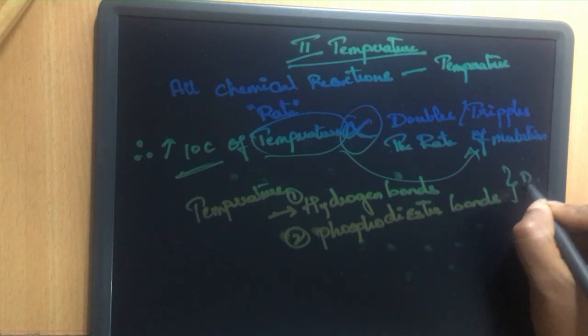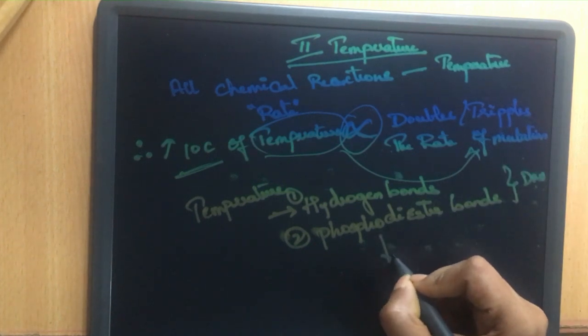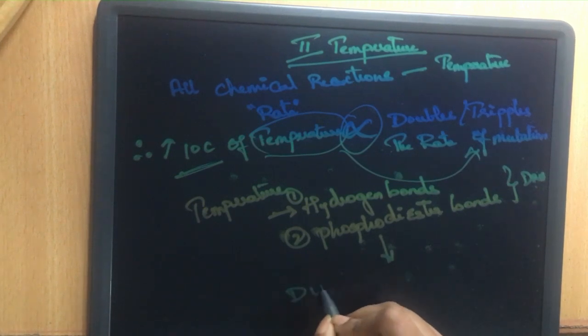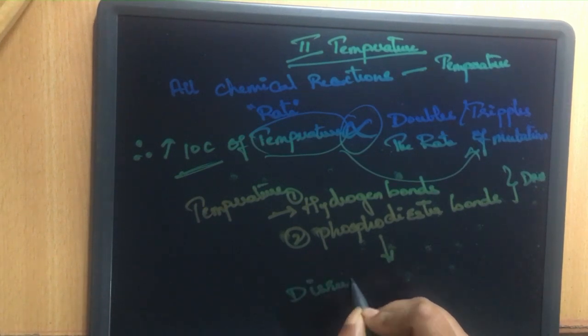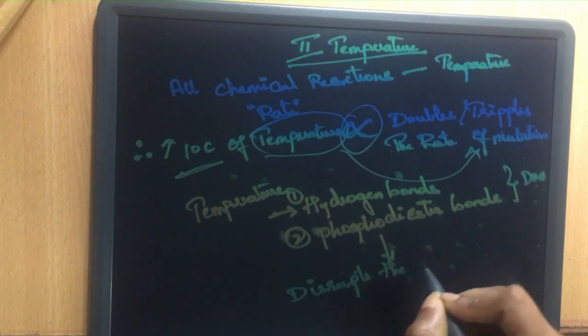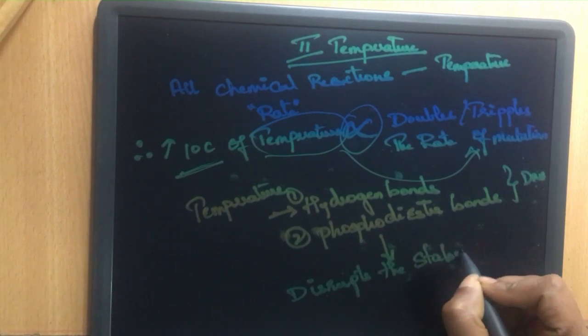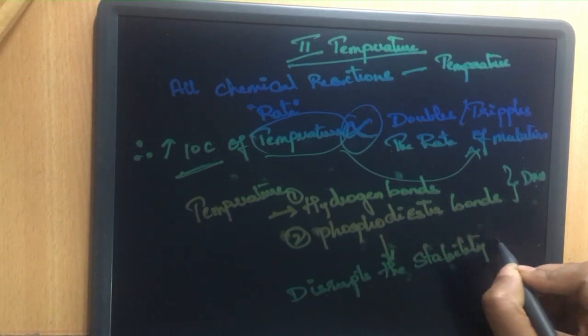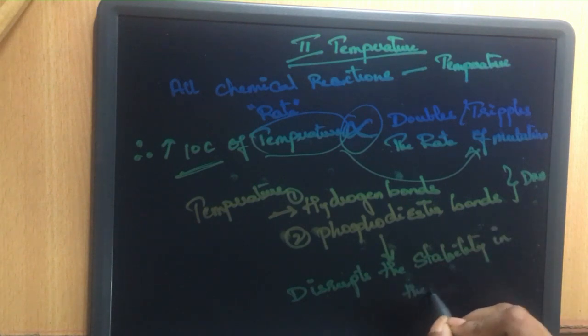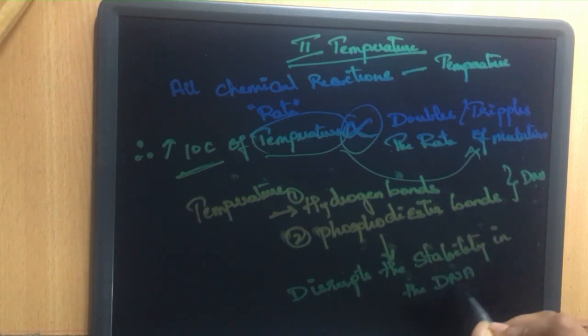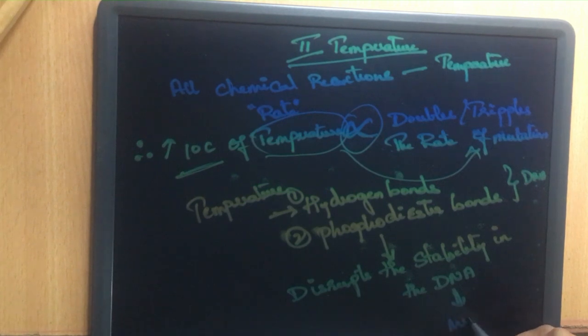When these two bonds in the DNA are affected, it disturbs or disrupts the stability in the DNA, and thereby contributes to mutagenesis. Okay.